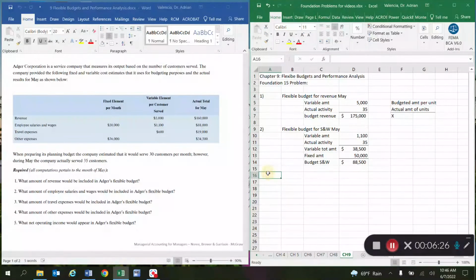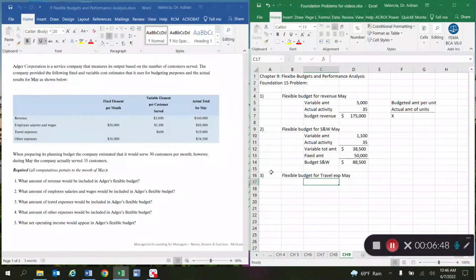Okay, so now let's look at number 3. What amount of travel expenses would be included in the flexible budget? So travel expenses are just one variable component. So let's go ahead and do that. Flexible budget for travel expenses in May.